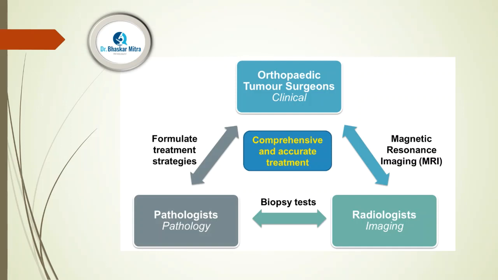Together they plan the comprehensive and accurate treatment for the bone lesion. First, on the clinical background, the radiologist gives us the imaging findings. Based on these imaging findings, the orthopedician takes the biopsies and we interpret the biopsy, and as per our diagnosis, the treatment of the patient is decided.